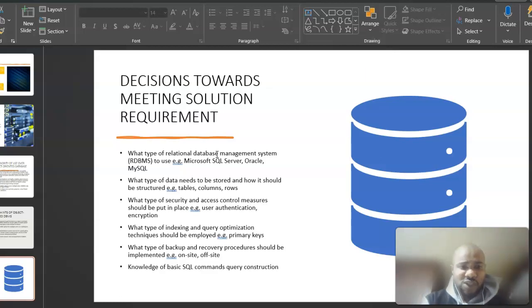We need to know what type of data needs to be stored and how it should be structured, maybe in tables, columns, and rows. What type of security and access control measures should be put in place? We're talking about user authentication, the people having access to the database.